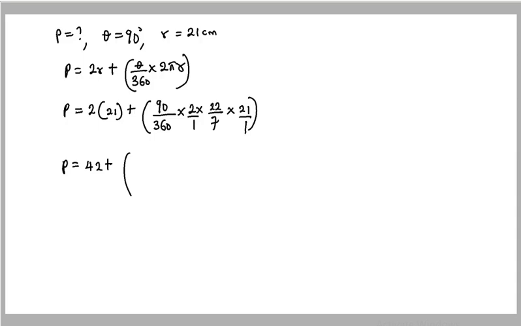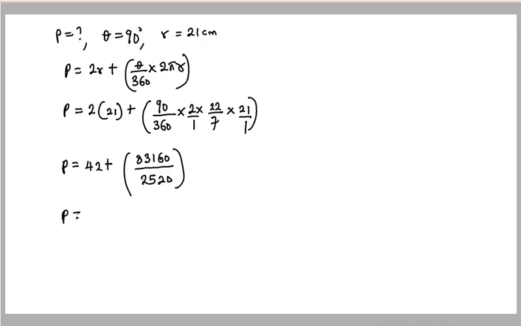So 90 times 2 times 22 times 21 should be 83,160, all over 360 times 1 times 7 times 1, which is 2520.